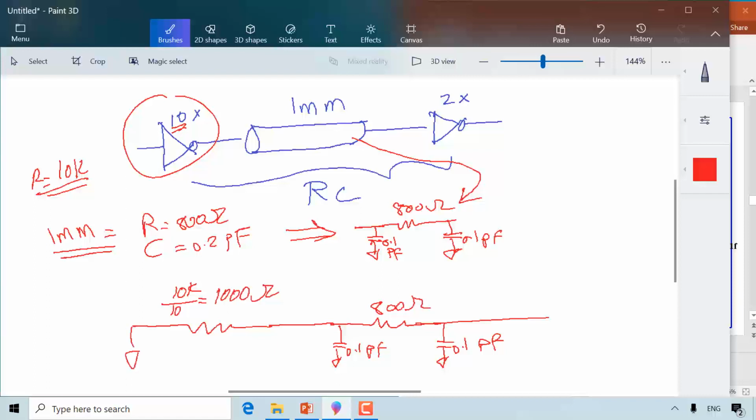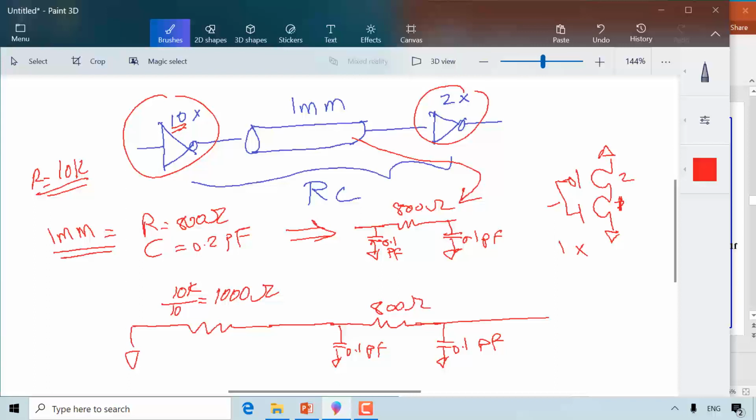Now how about the receiver here? He told me in the question to assume every unit size has 0.1 femtofarad. This is my regular 1x inverter: typically I have two here and one here.